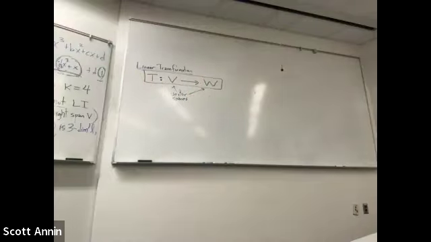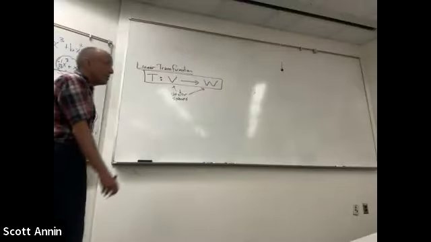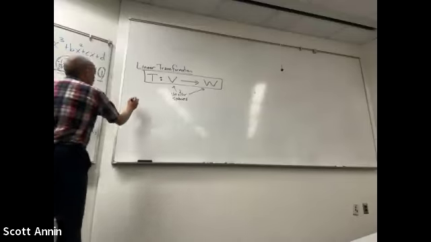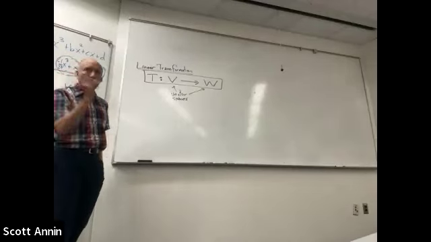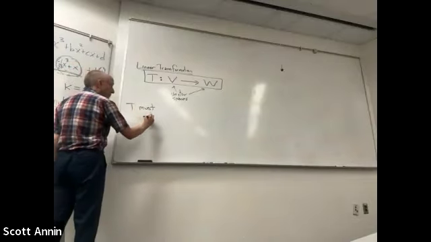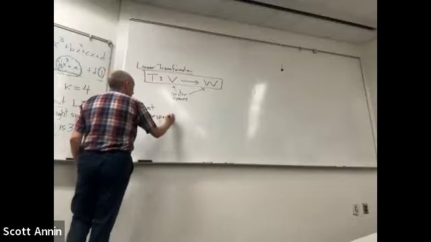So you have inputs from one world and outputs from another world. The only thing is, it's not just any old random function. It has to do 2 important requirements. T must do 2 things. The first one is respect addition.